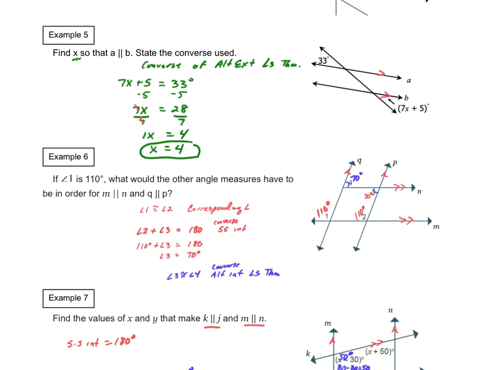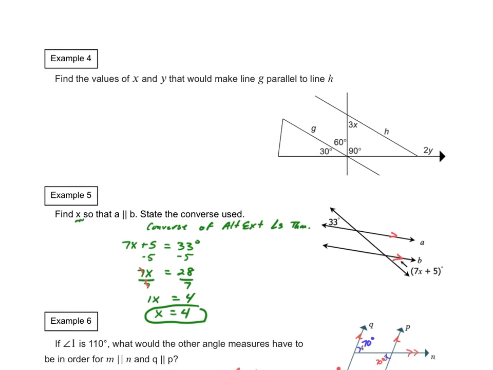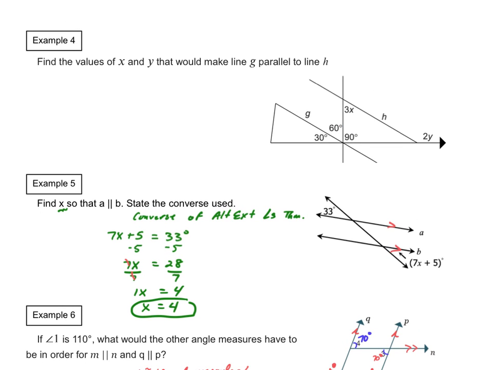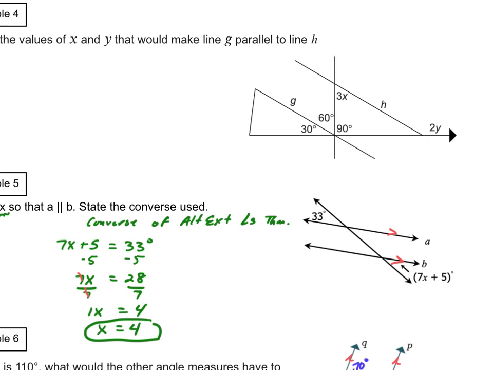And then going back up to that first example, let's see, find the values of x and y that would make line G parallel to line H. So let's see, what do we know? If these two lines are parallel, how could I prove that? Well, looking at the 3x and 60, those would be alternate interior angles.